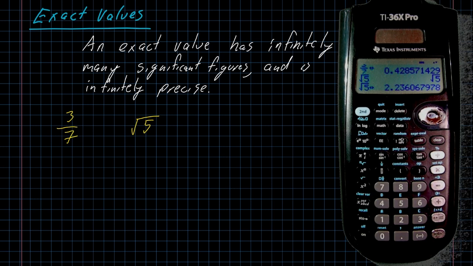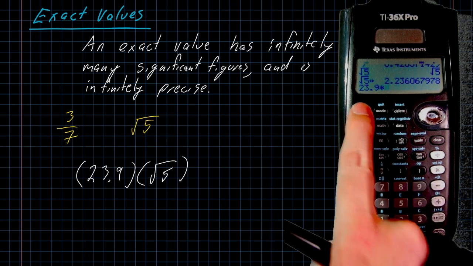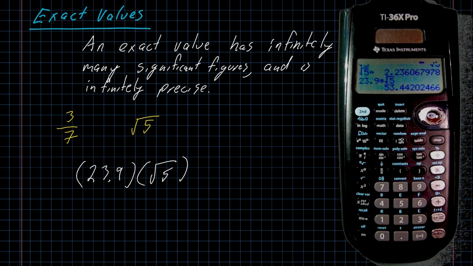If I'm trying to do things with an exact value and an approximate value at the same time, then I have lost things. So if I have something like 23.9 and I want to multiply it by the square root of 5, I can punch 23.9 times the square root of 5 into my calculator, and my calculator automatically says, oh, you want an approximate value.